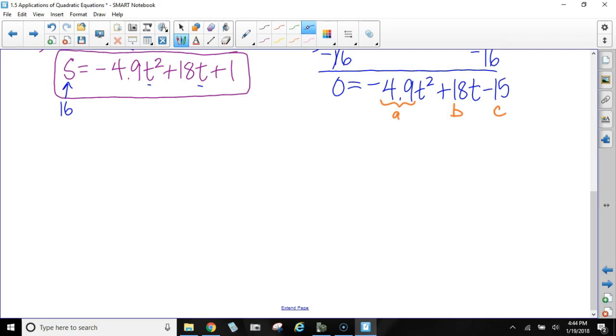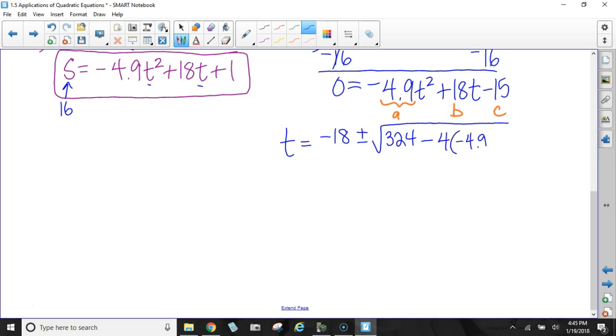So, solving for t, that's my variable, my unknown, I take negative b, so in this case that will be negative 18 plus or minus the square root of 18 squared, which is 324, minus 4 times a times c. The a value is negative 4.9.